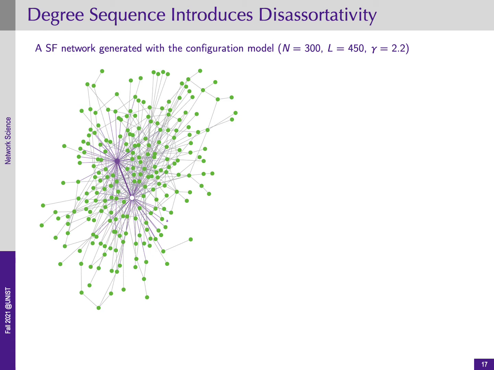We now have a scale-free network generated by a configuration model. I didn't say much about the configuration model, but this is in a sense an Erdős-Rényi type protocol to generate a scale-free network. Simply put, you are given a number of nodes whose degrees are already determined.